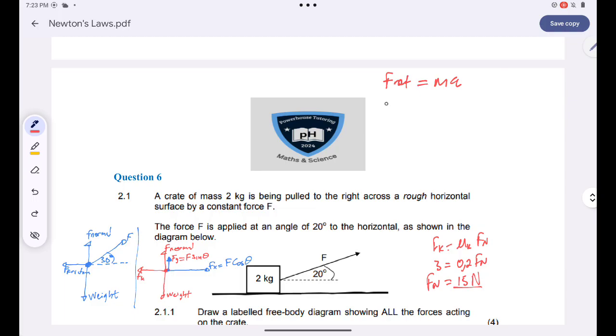We'll simply have Fx, which is pulling the box towards the right, plus a negative frictional force, equals ma.